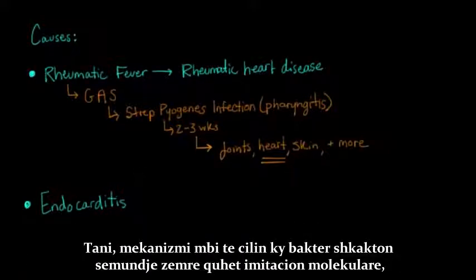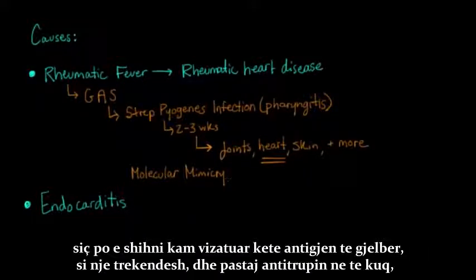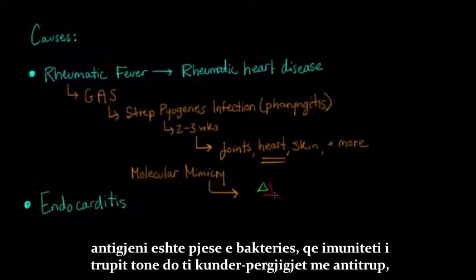Now, the mechanism behind why this infection by this bacteria actually causes heart problems is called molecular mimicry. And what happens is here, if you see I draw this antigen, this green antigen as a triangle, and then this red antibody. And so the antigen is really going to be part of the bacteria that our body's immune system is going to respond to with an antibody.